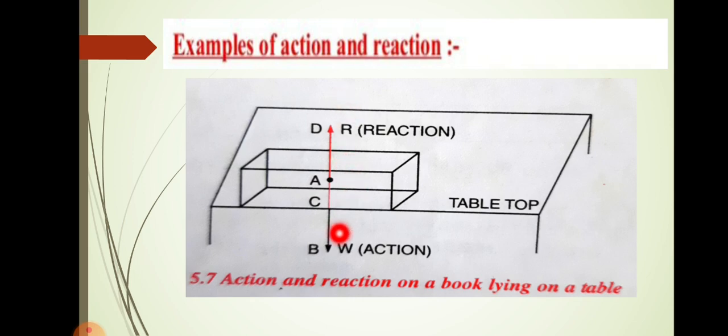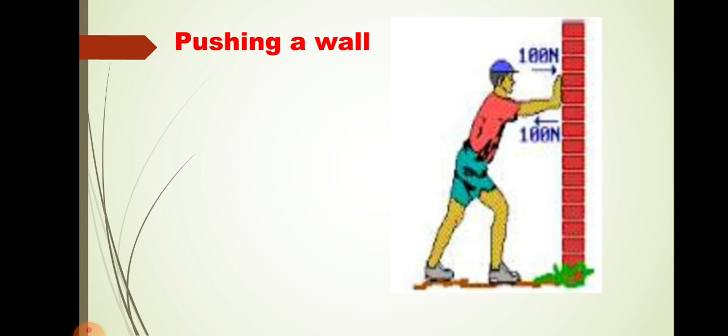So here this shows action and reaction. The book acting in downward direction is the action. In the same way, the tabletop is balancing with the upward force, that is the reaction force. So this is an example of action and reaction where Newton's third law is applied.